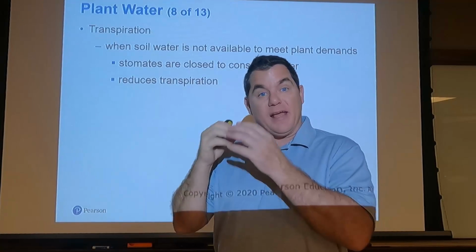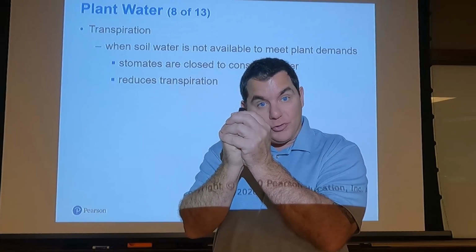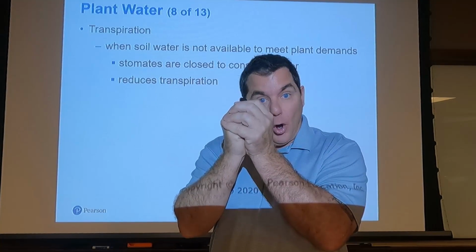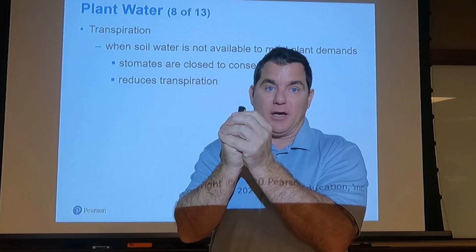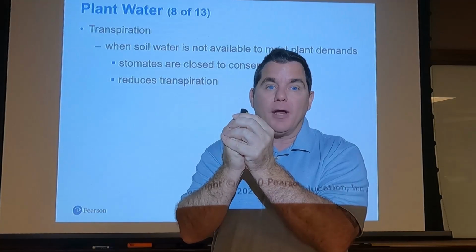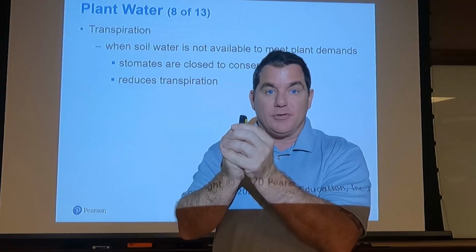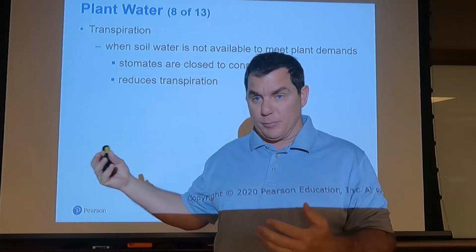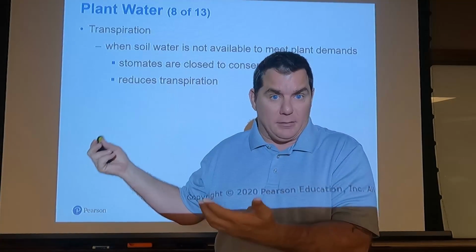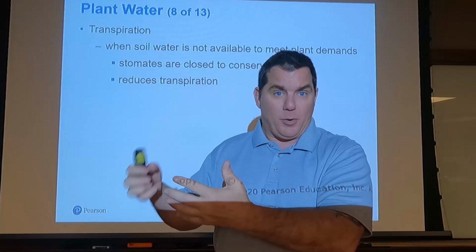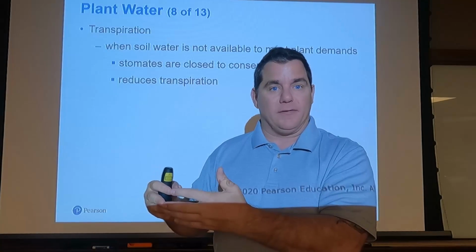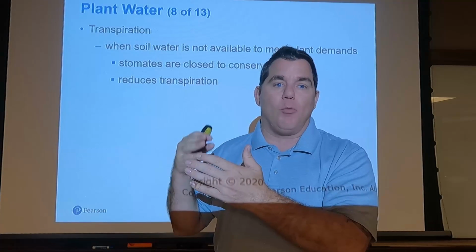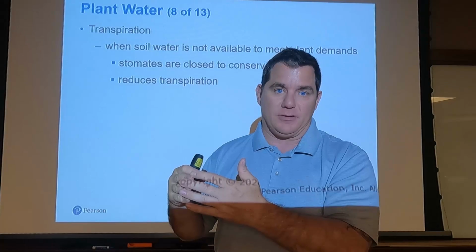Think about this though, when they close, they're also not bringing in carbon dioxide. And so if they're not bringing in carbon dioxide, they're not conducting photosynthesis for a couple of reasons. Number one, carbon dioxide is the primary component for photosynthesis, but there's also not enough water available to conduct photosynthesis.